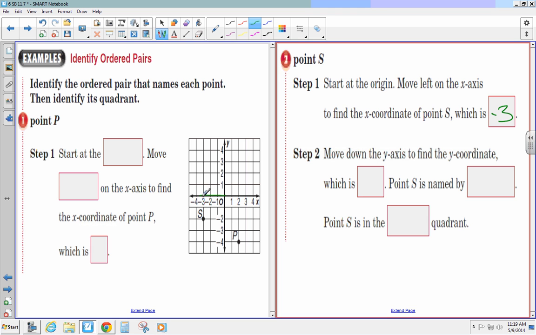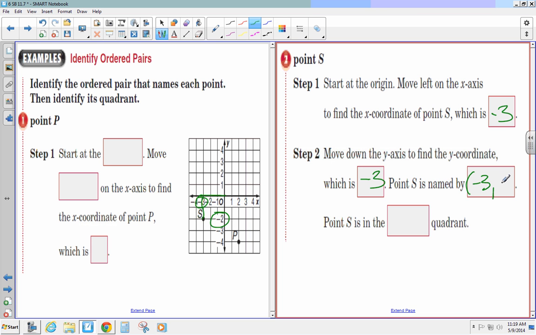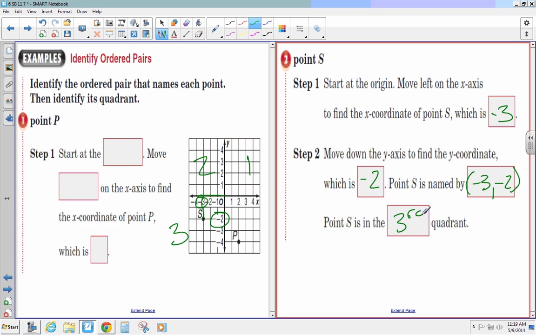So we're moving down to there. And the y-coordinate is -2. Those are the numbers we use. Now the x number always comes first in the ordered pair, so it's -3, -2. And if you're looking at the quadrants, remember that's 1, 2, 3. It is in the third quadrant.